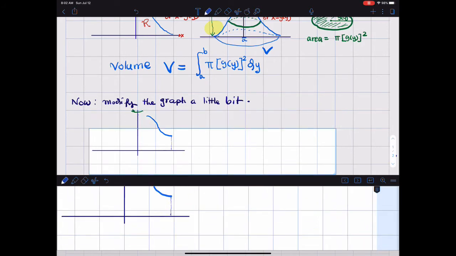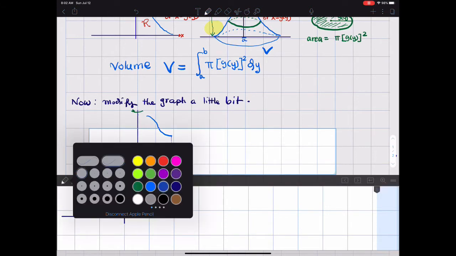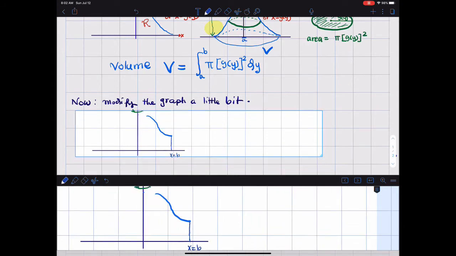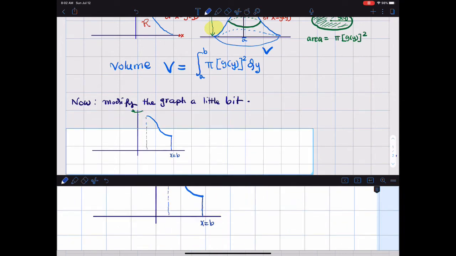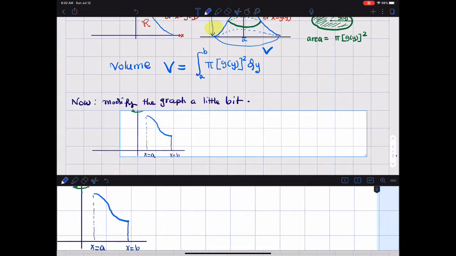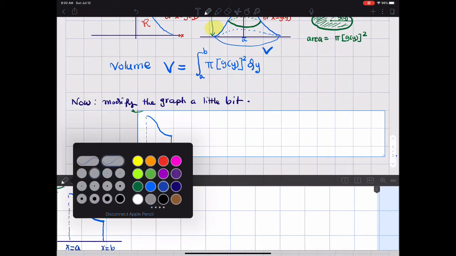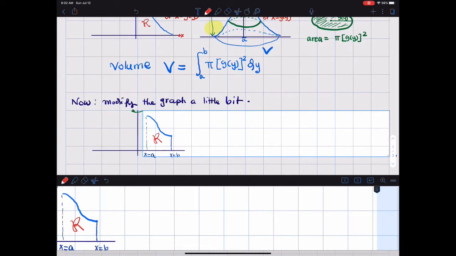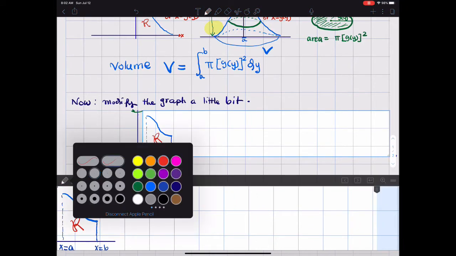So let this line be x is equal to b, where x is b. And this is another line, x is equal to a. And we have our region. I'm going to call it R again. And we want to revolve this region about the y-axis.